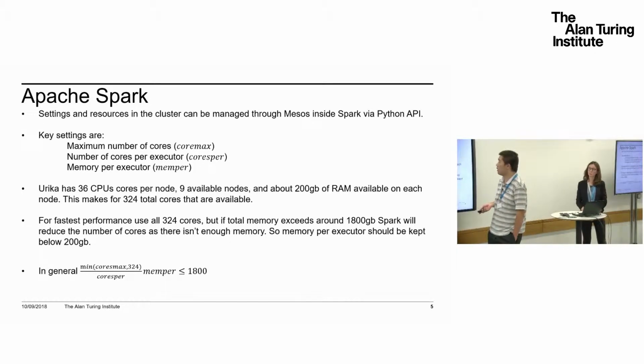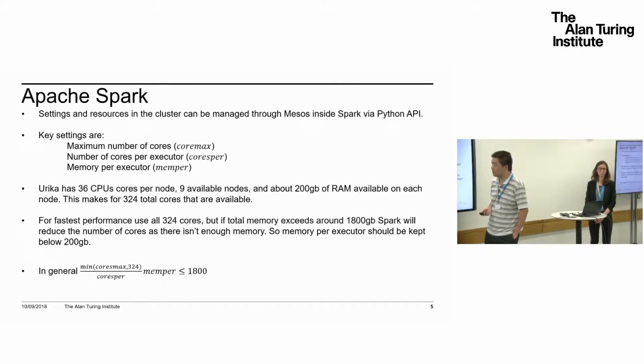We use Python, but you could use Scala, Java, R. So there's a wide range of options available. What Mesos does basically is it controls how your code is run through a cluster of computers. And it does so mainly via these three settings.